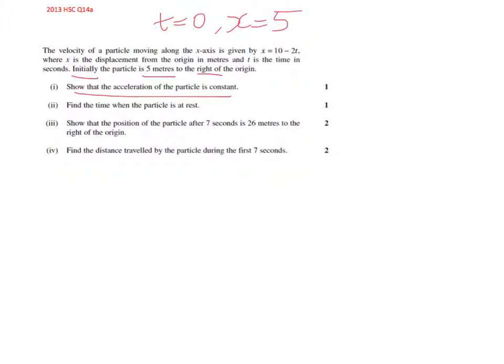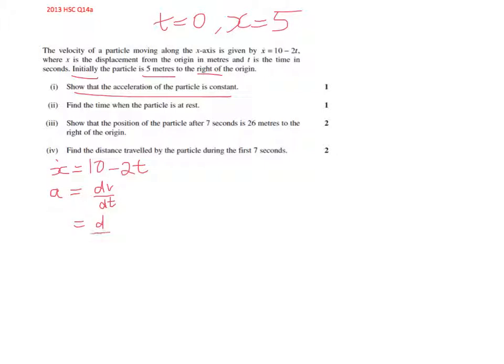Okay, so we are given x dot, which is the velocity, is 10 minus 2t. How do we get the acceleration from the velocity? Well, acceleration is dv dt. It says show, so you want to show the marker what you know. Acceleration is dv dt.